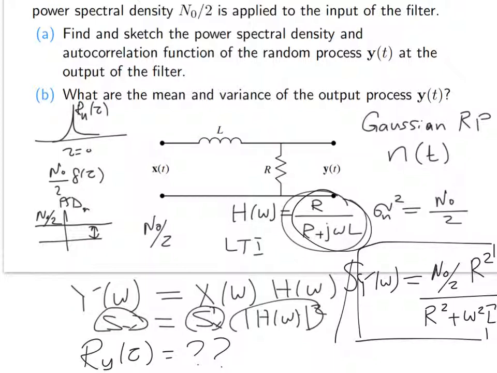Which is the one that has 1 plus omega squared in the denominator? It has 1 plus omega squared. Right? Because if you divide over R as you did, you end up with 1 plus omega squared. 1 plus something squared. Omega squared scaled by a factor. Which one is this? Is it cosine or sine or what? I think it's cosine.